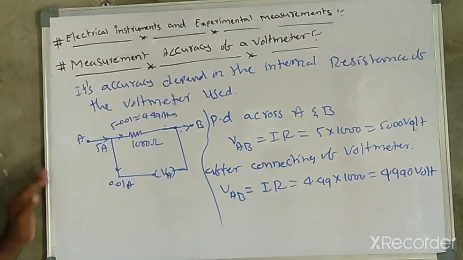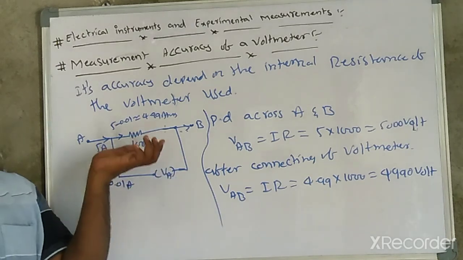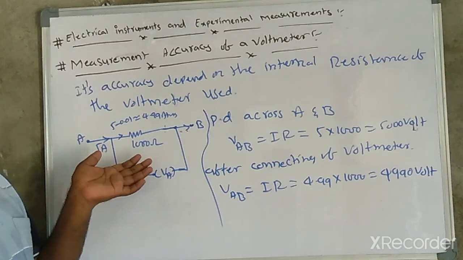This much volt. So 4990, it means this is the accuracy value.